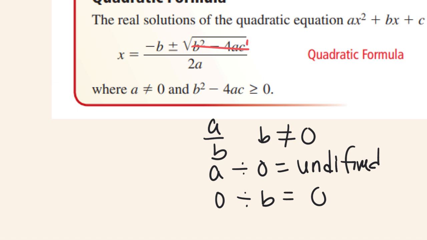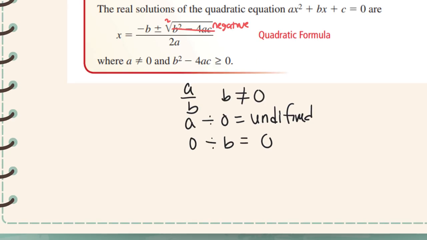Anything less than 0 will be a negative number, and we know this is an index of 2, so no two equal factors multiplied together will give you a negative number. That's why the inside of it, which you could call the radicand, needs to be greater than or equal to 0.